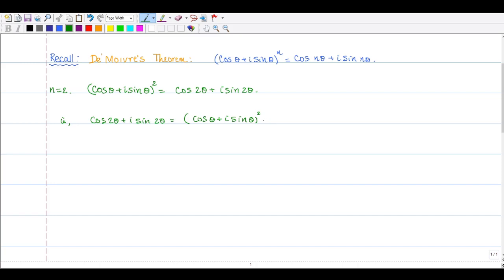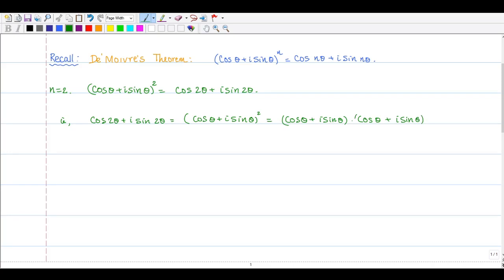That is (cos theta plus i sin theta) into (cos theta plus i sin theta).